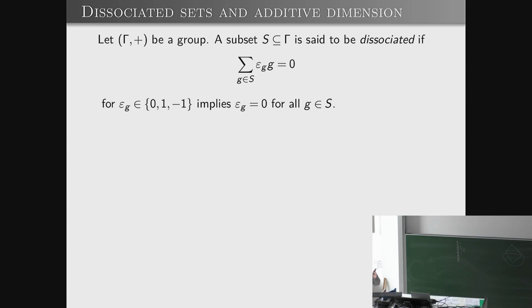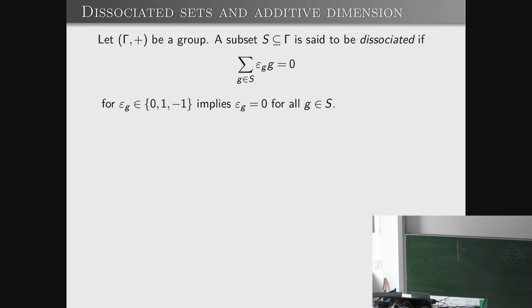So you take just some subset, some with plus, some with minus, cannot give you a 0, right?